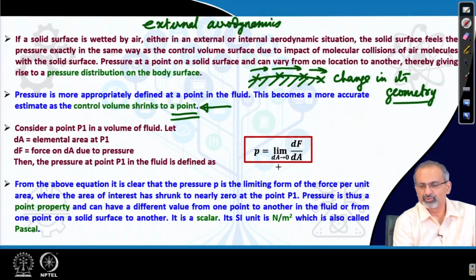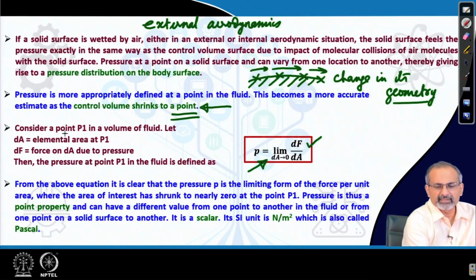For that, you have to do a limiting operation. So, if you can shrink the control volume in such a manner that the surface area of the control volume becomes really small, then in the limit, the ratio dF/dA will actually give you the pressure, where dF is the force on the differential elemental area and the elemental area itself is dA.